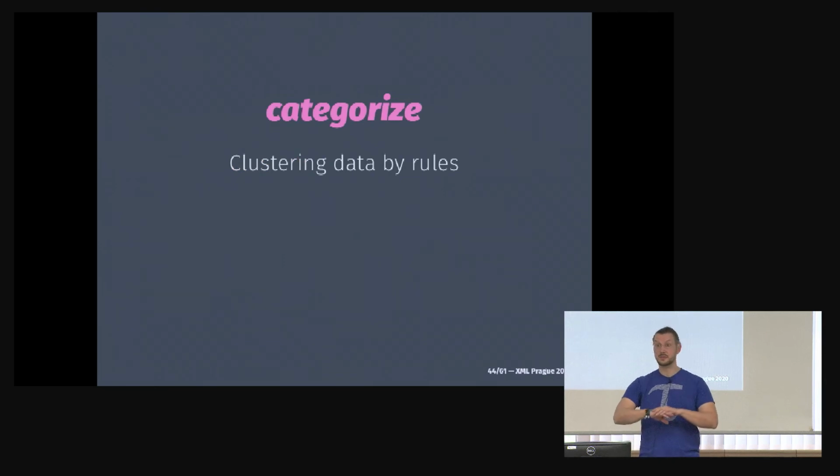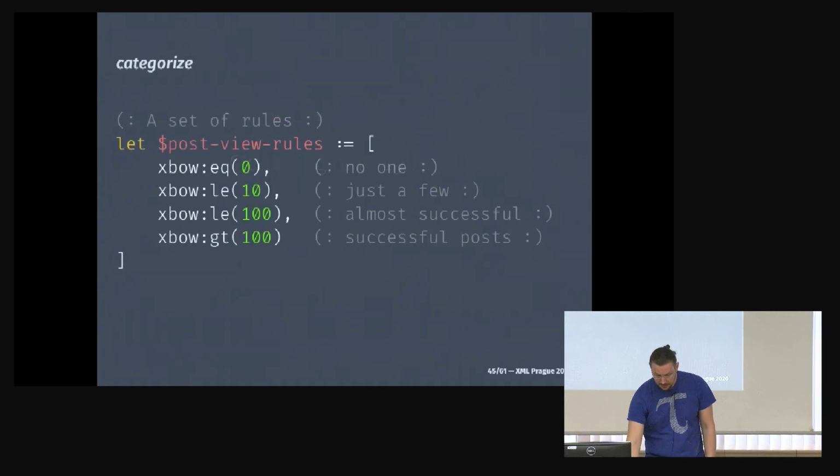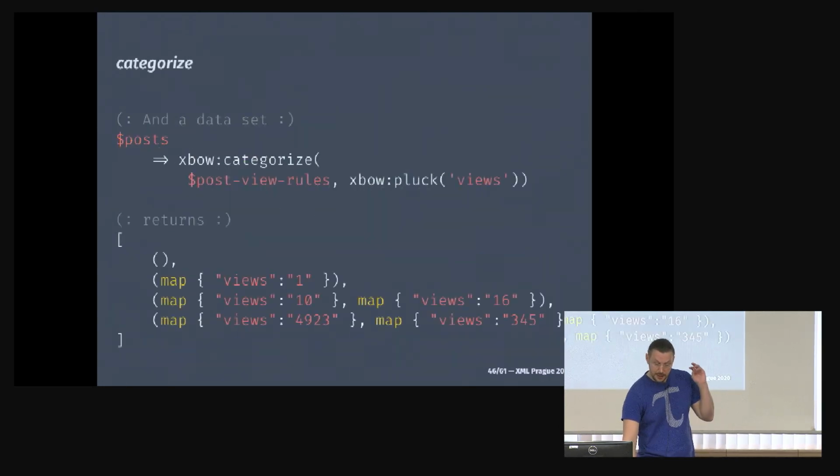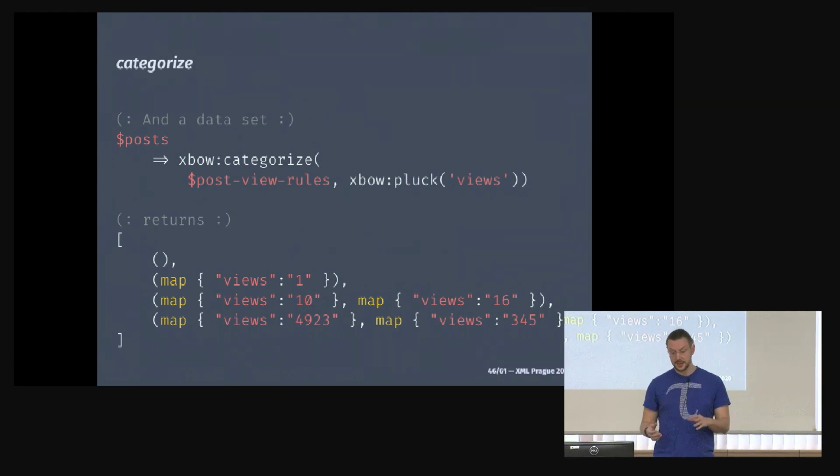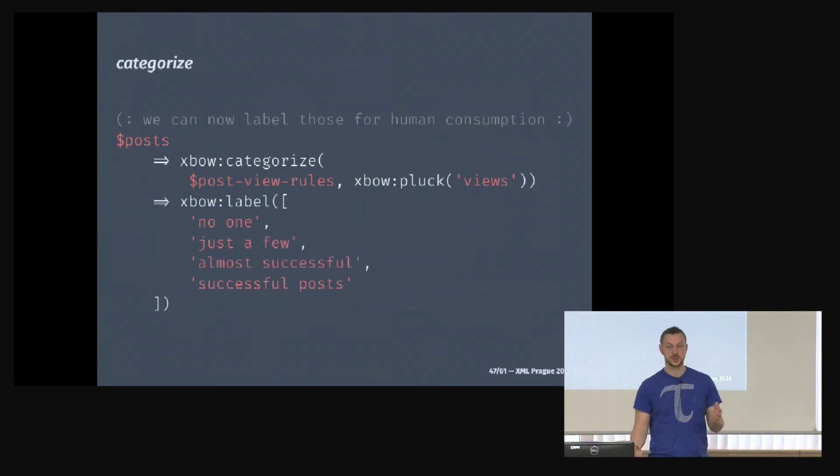Categorize. So I have stuff, and I want to know this is this category, this is this category. This can be done with an array of rules and the function categorize and an accessor function as we had before, and now I get an array of items that match a certain category, and then I can label them to see, okay, I want to output it on a website, for instance, and have a label attached to all of these, if you need that.